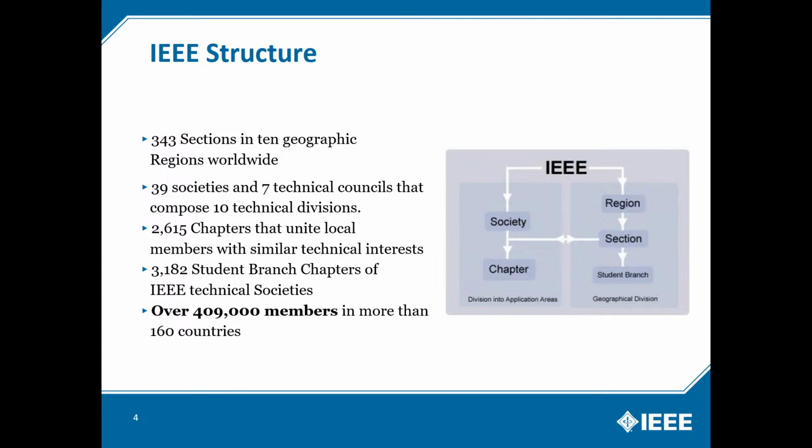It has 2,615 chapters that have local members. It basically brings together local people with common interests. And there are 3,182 student branches, and IEEE NITK is one such student branch. As of now, we have 409,000 members in more than 160 countries where IEEE is spread across.